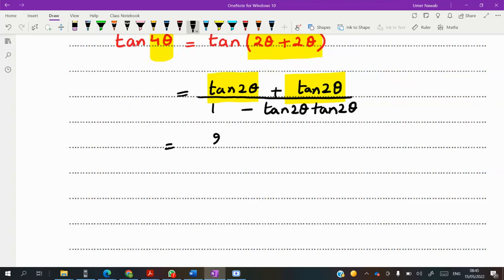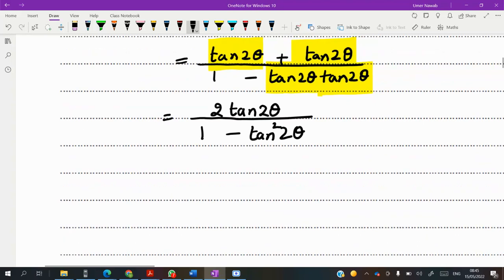So we can write it, in simplified form, as 2 tan 2 theta. And here we have two same functions. Tan 2 theta is multiplying with tan 2 theta. We can combine them and write it as tan squared 2 theta.